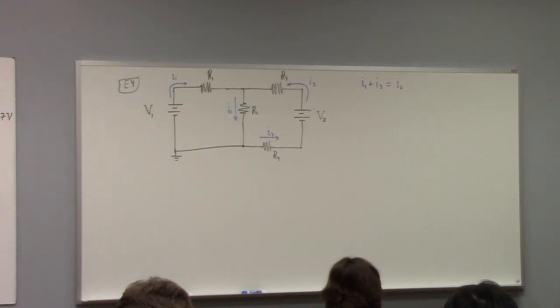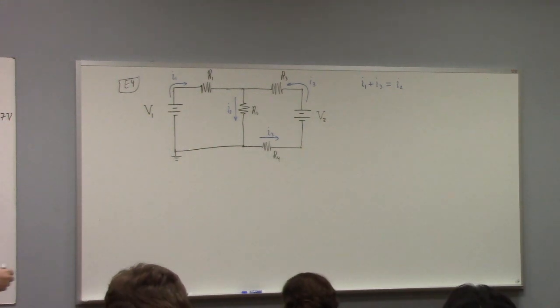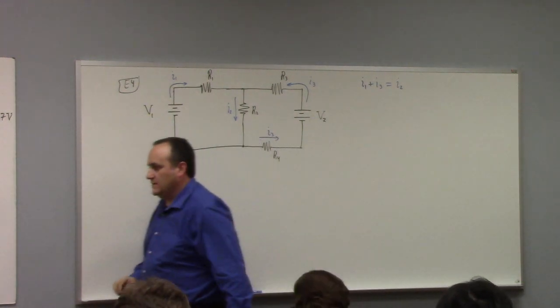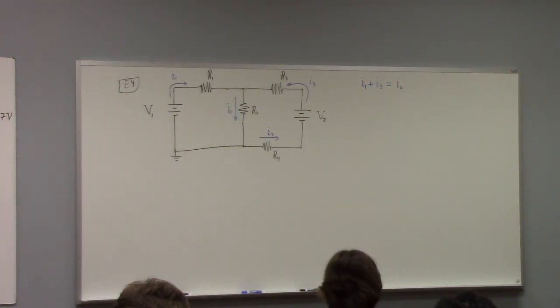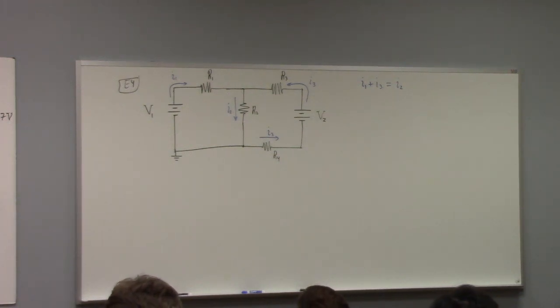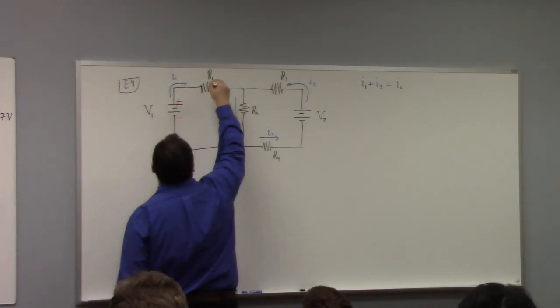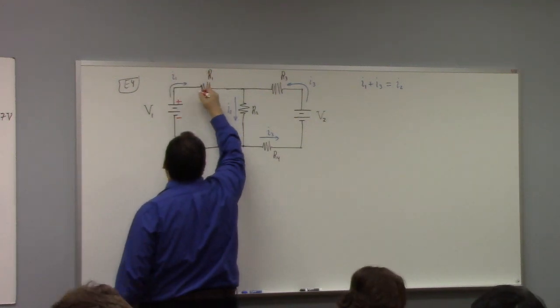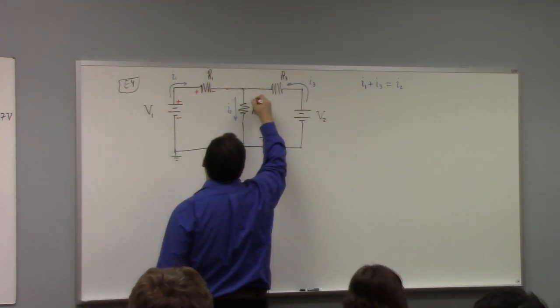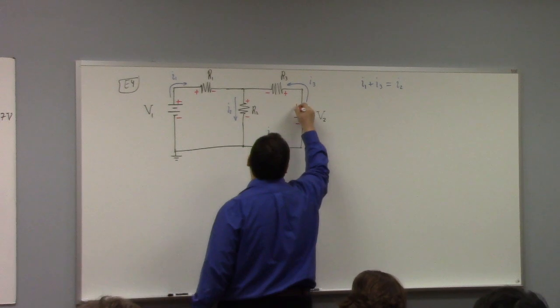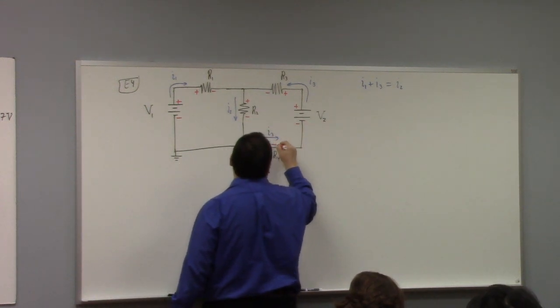write down Kirchhoff's voltage law around the loop, if I can. So what do I got? I meant to put in my plus and minus signs to keep me honest. Let me do that. I always go based on the current that is going through each resistor. I1 goes plus minus, I2 goes plus minus, this one goes plus minus like that, minus plus like that, plus minus like that.